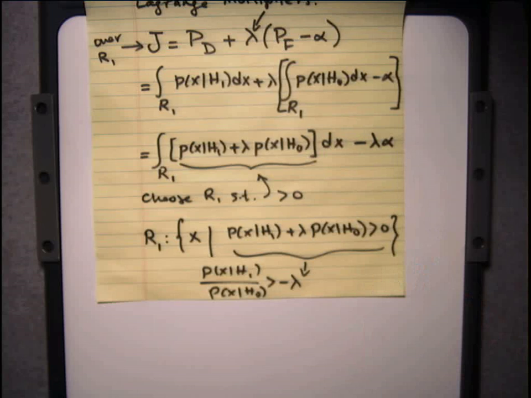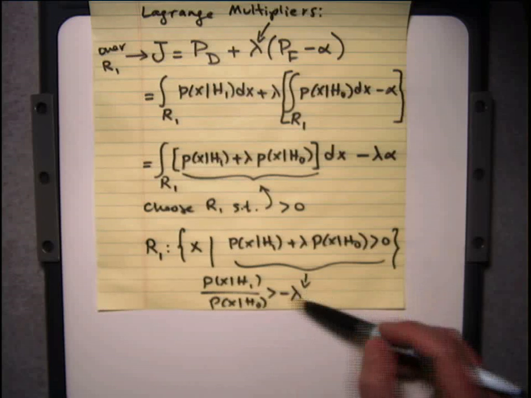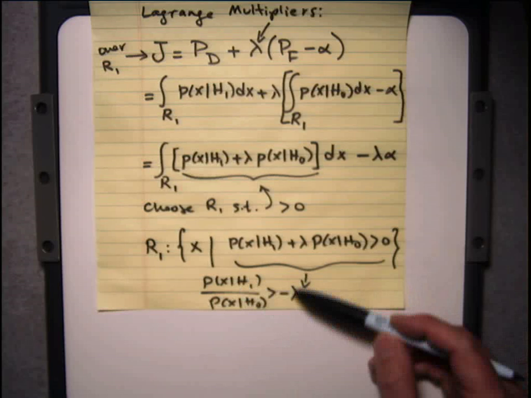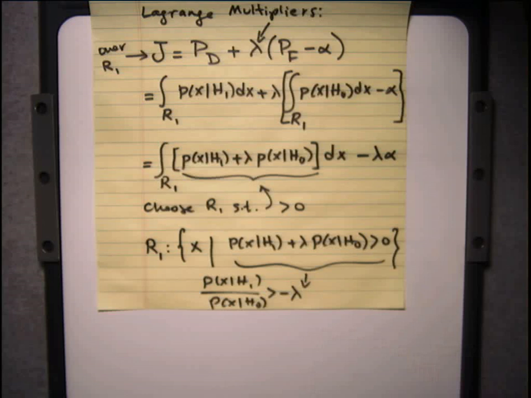Now, in order for this to be useful, this minus lambda has to be positive, because the left-hand side is the ratio of two probability density functions, so it is positive. If I pick minus lambda to be a negative number, that part where the left-hand side is negative is not going to do anything.